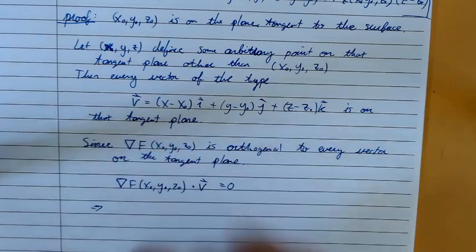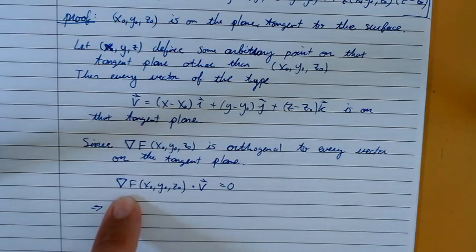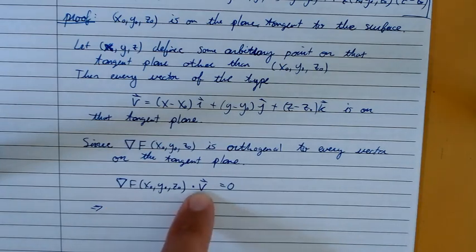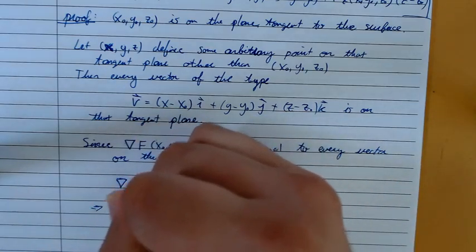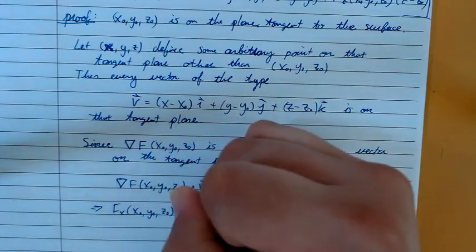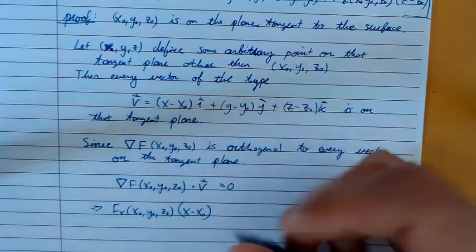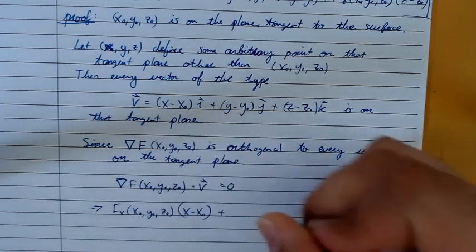Which implies that, well, the gradient is f sub x, f sub y, f sub z. And if we're dotting that with v, that'll be f sub x times x minus x naught, plus you're going to have this partial with respect to y times this expression here.